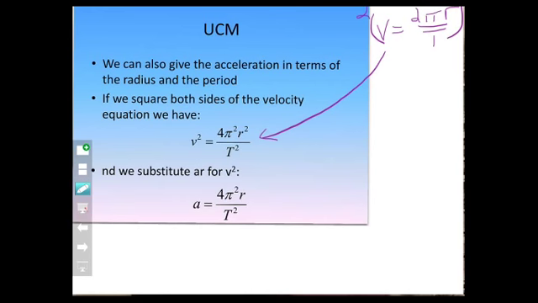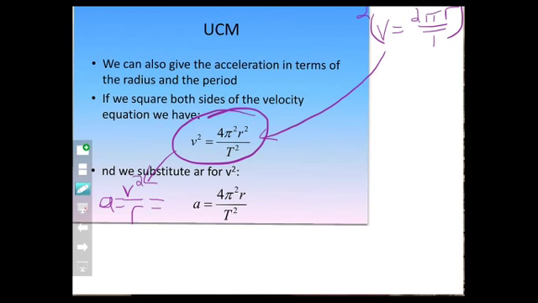The reason we do that is because, from the previous slide, our acceleration equation is a equals v squared over r. So we're going to take our equation for v squared and plug it in here.